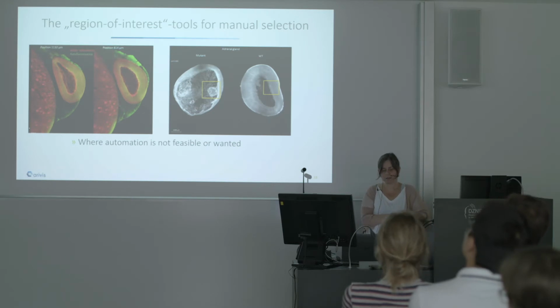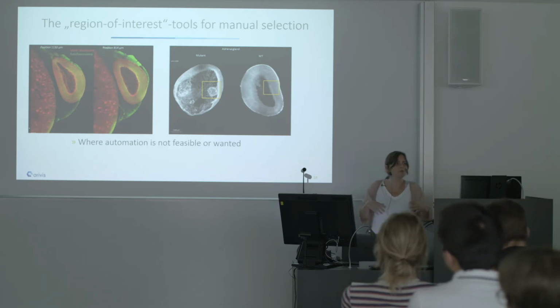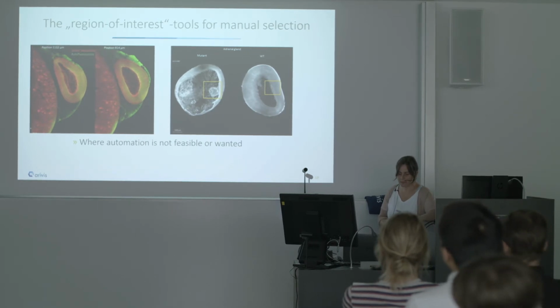Coming now from quantitative analysis or automated analysis to the more manual approach. I've called it where automation is not feasible or wanted, and this is a nice example as this combines two things.